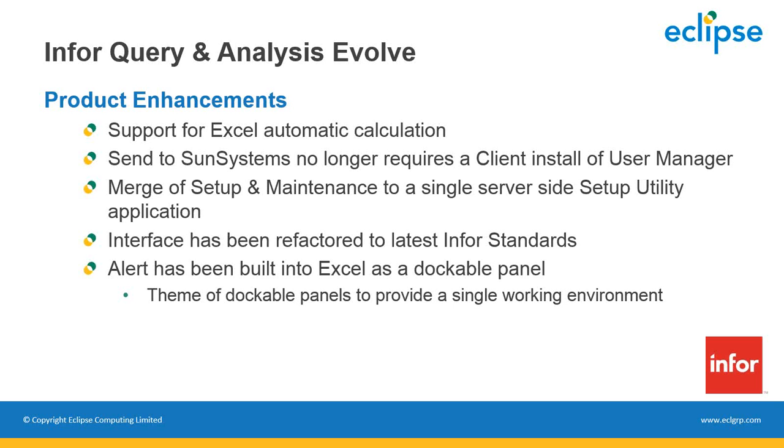And as we said before, Alert has now been built into Evolve as a standard part of the product. So if you do buy Evolve, then you automatically get Alert into the bargain, and Alert just sits as a dockable panel within Microsoft Excel.